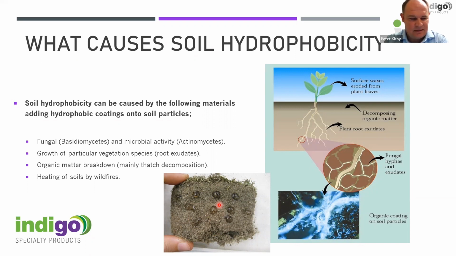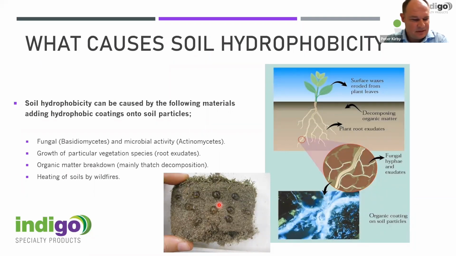So pretty much most things in the growing system, as they decompose, will add to organic matter, which then adds to hydrophobic situations. One of the big things, and a lot of research in soil surfactant technology in recent years, has been around wildfires. Obviously with the wildfires we had over summer at the end of last year, there's a lot of work being done around eucalyptus.